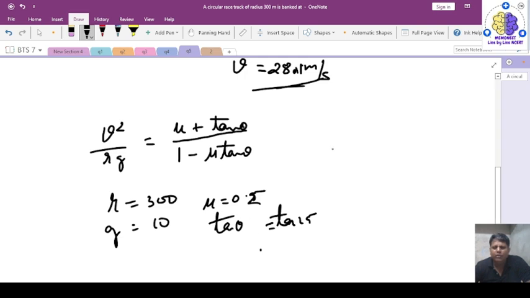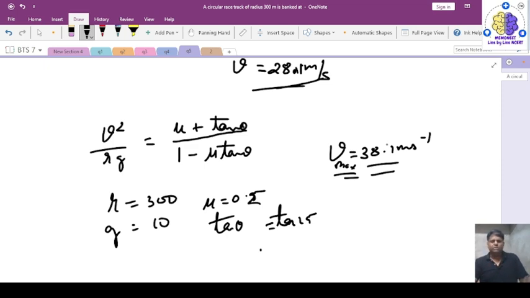Putting these values and calculating, we will get v equal to 38.1 meters per second. So this is the maximum velocity with which the vehicle can cross that turn safely, right?